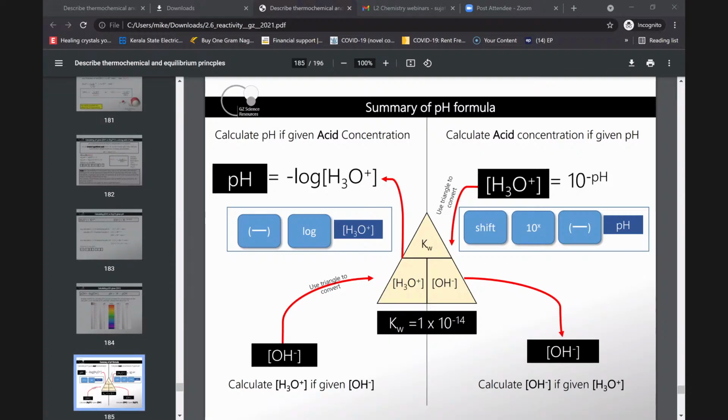See that? This is what tells you. I'm not sure if we're seeing the right screen. Which screen should we be seeing, Sujata? Is it the one with the triangle? No, are you seeing the triangle? You might need to stop share and then share again with the new screen. Okay, I'll do that.